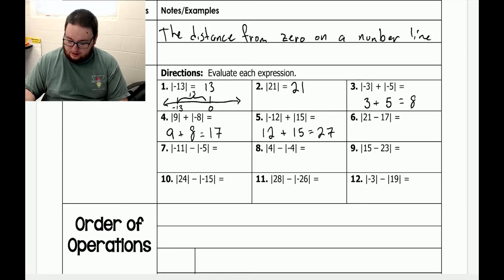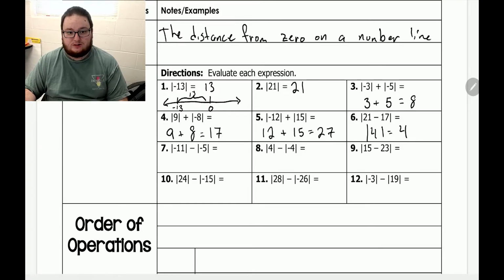So if we consider the absolute value symbols to be parentheses, we have to do whatever's inside the absolute value first. Inside of the absolute value, we have 21 minus 17, and 21 minus 17 gives us a positive 4. If we take the absolute value of positive 4, we get 4. And that's our answer for number 6.